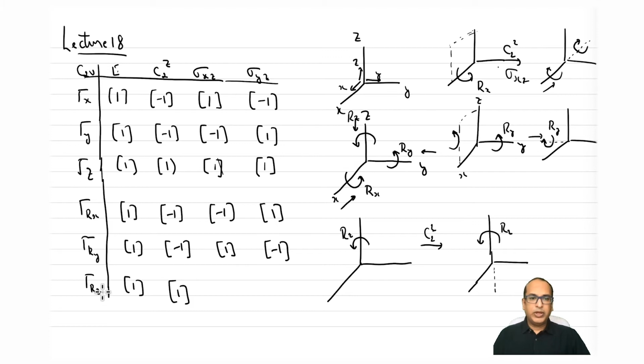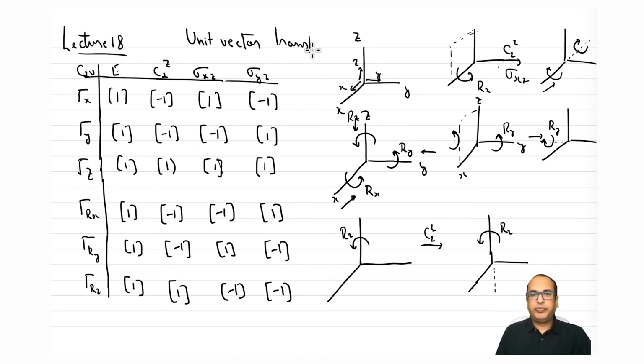Okay, so for RZ, because both the planes contain the Z axis, in both cases it will be negative. So try to visualize this and see if you can do these unit vector transformations for any other point group also.